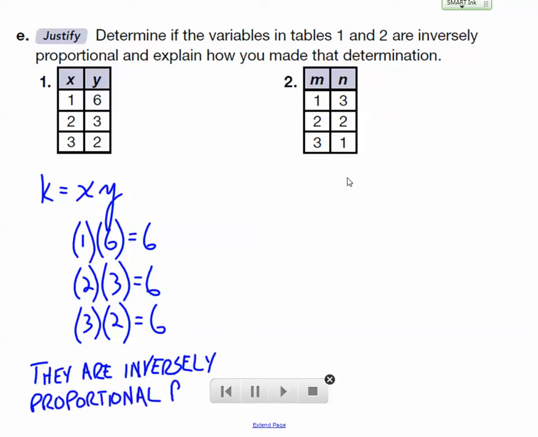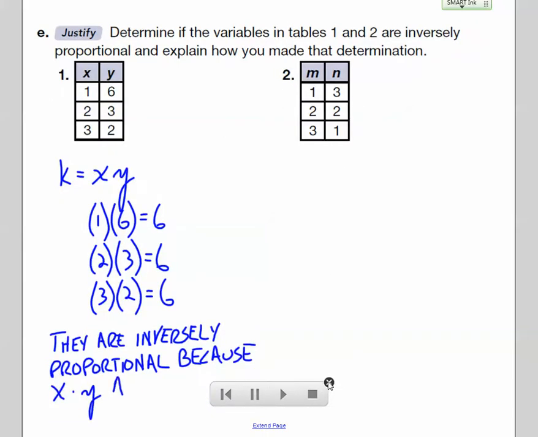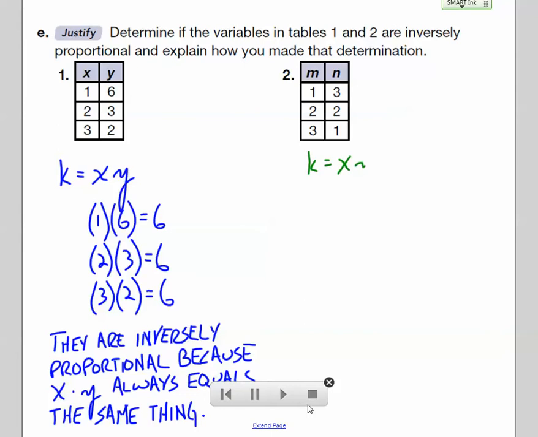Let's see if that holds true here on part 2. They're inversely proportional in part 1 because x times y always equals the same thing. That's k, the constant of variation. On part 2, again, x times y should always equal the same thing. We've got 1 times 3, that equals 3.